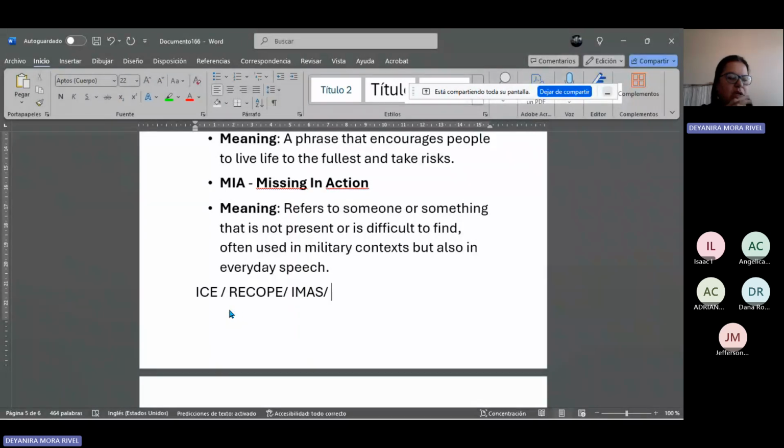Quería uno en español, un acrónimo que no podamos leer. Bueno, Fondo Monetario Internacional, no podemos leerlo, tenemos que decir las letras.